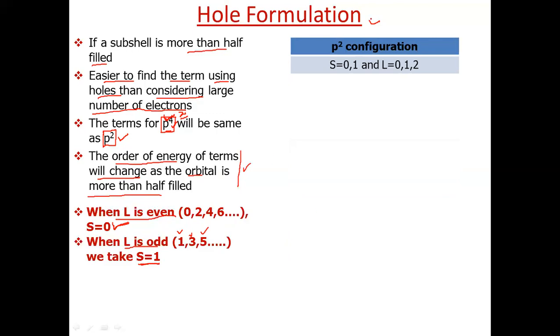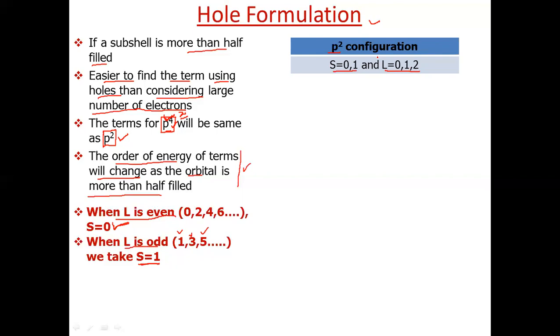Now let us try to understand when we will use this formula. We have already done that for a p2 configuration: S can be either 0 or 1 and L can be 0, 1 and 2. Please watch my earlier lecture on term symbols if you have forgotten how to calculate these values. I have kept the link in the description of this video.